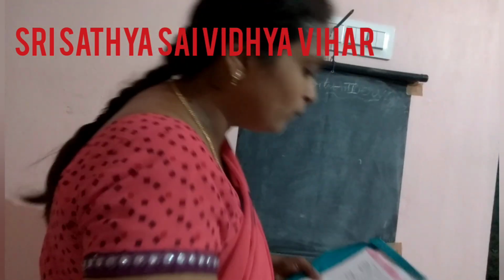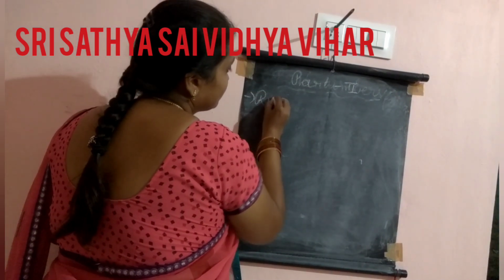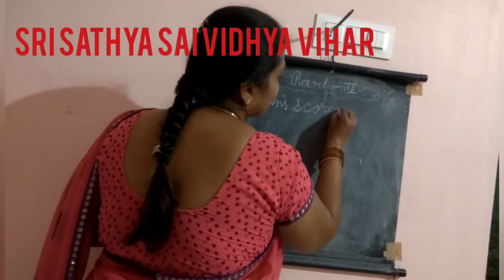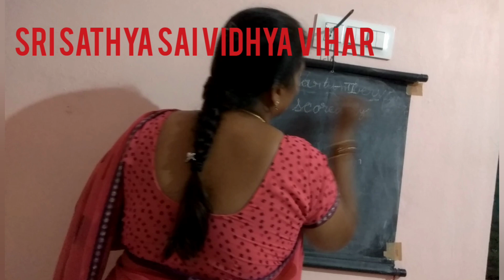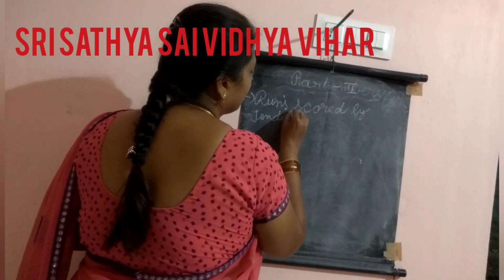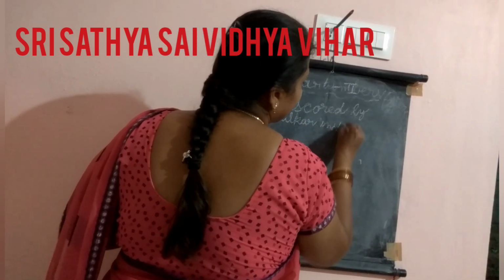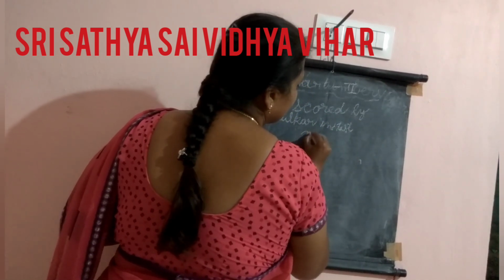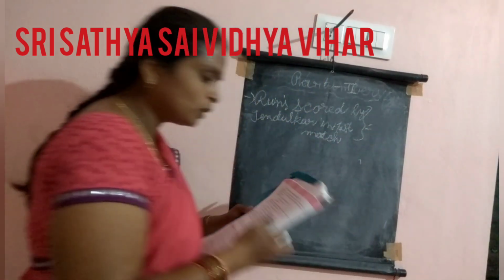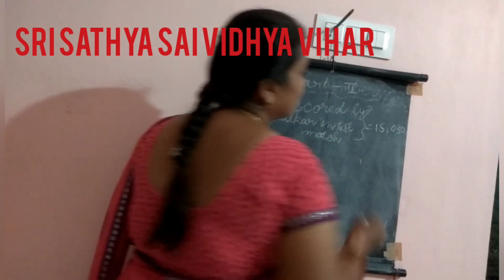Runs scored by Tendulkar in test match equal to how much? 15,030.